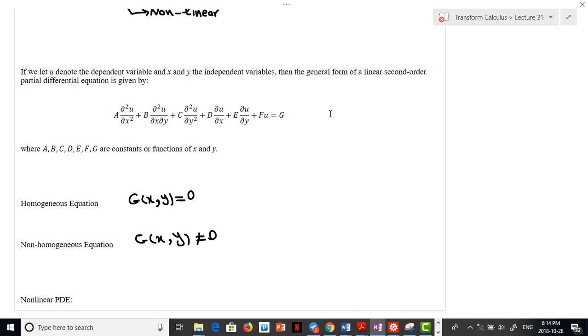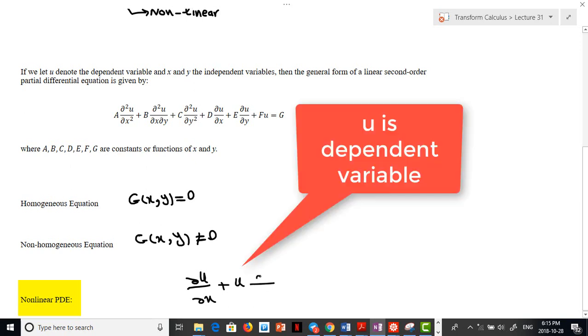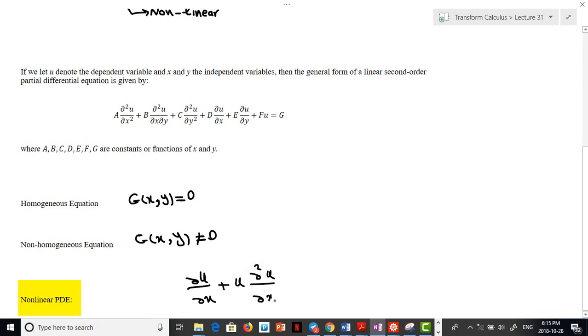We have nonlinear PDEs as well. We are not talking about them in this chapter, but for a nonlinear partial differential equation, one of the coefficients or all of them can depend on the dependent variable. For example, the second derivative of u with respect to x plus u times the second derivative of u with respect to x and y equals 0.